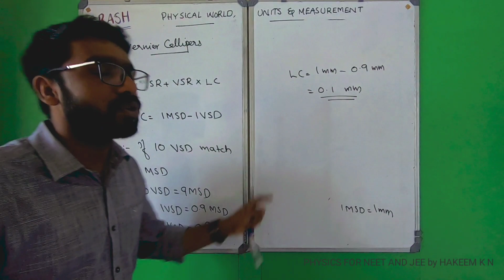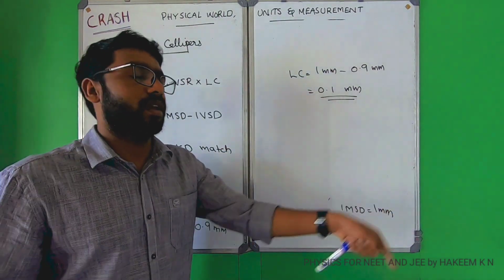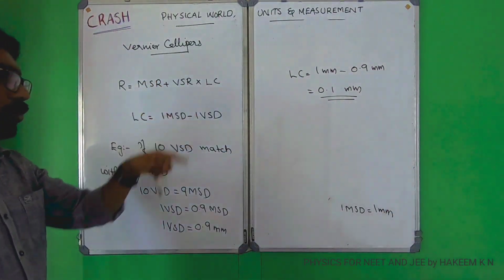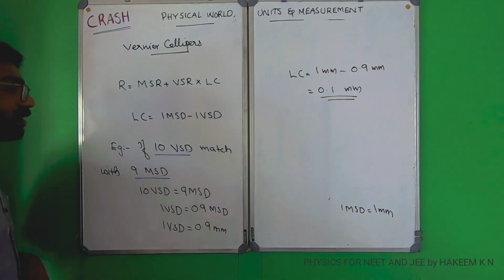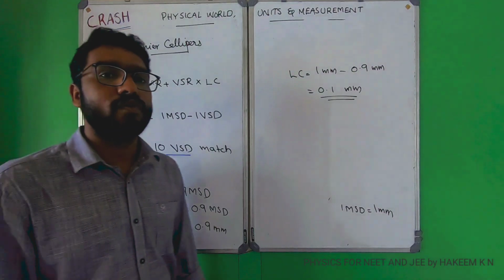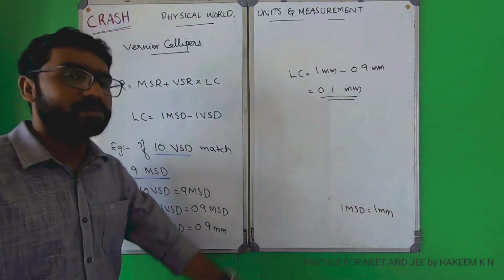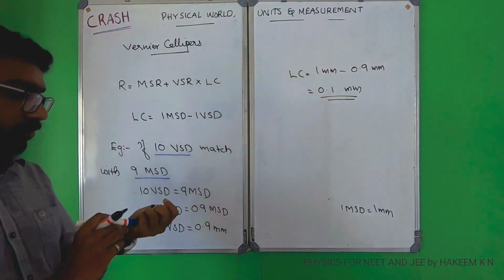This is the least count of ordinary vernier calipers. 0.1 millimeter is the condition of ordinary vernier caliper: 10 vernier scale divisions will match with 9 main scale divisions.